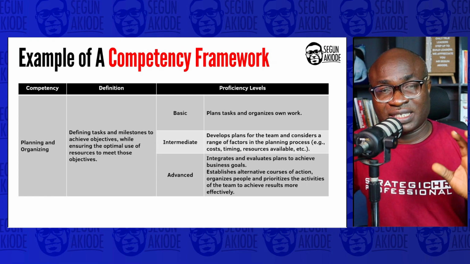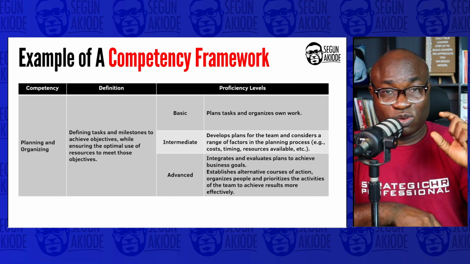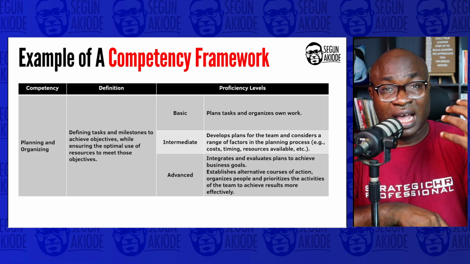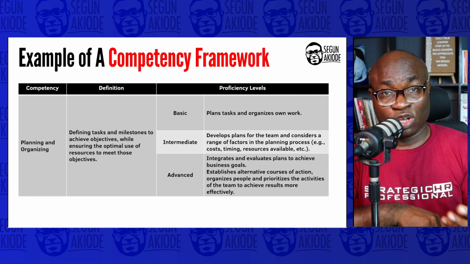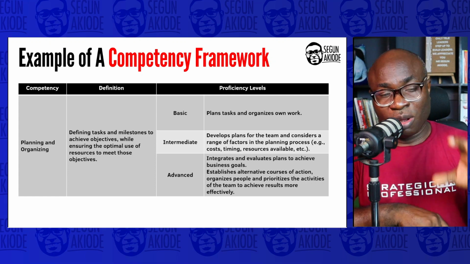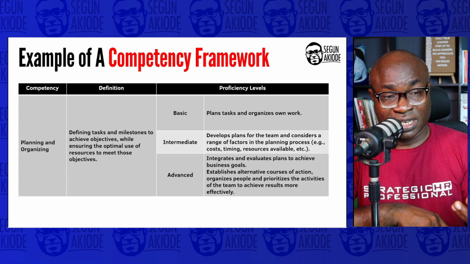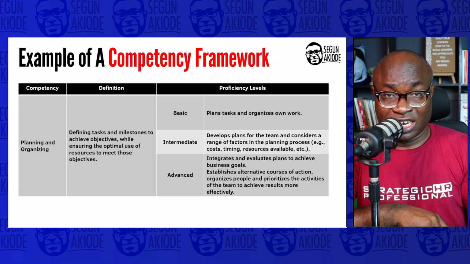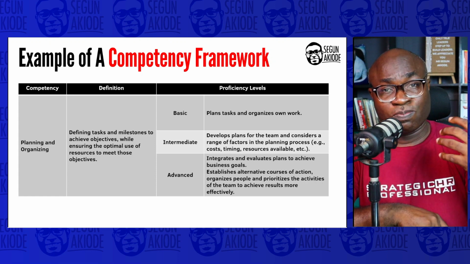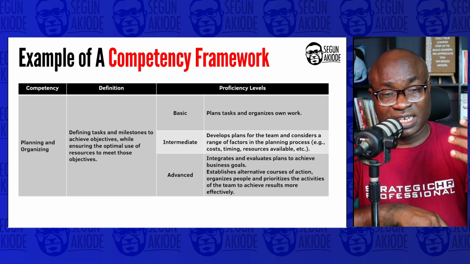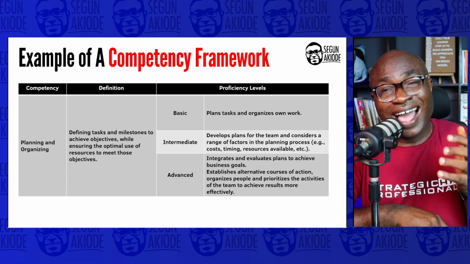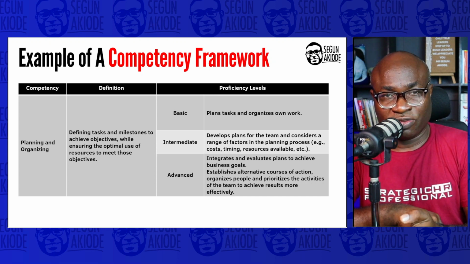This is a typical example of just picking one particular competence to illustrate what you would typically have in your competency dictionary. So your competency dictionary will typically have the competence, then the definition of that competence, then the proficiency levels in terms of basic, intermediate, and advanced, and the demonstration of each of those proficiency levels.